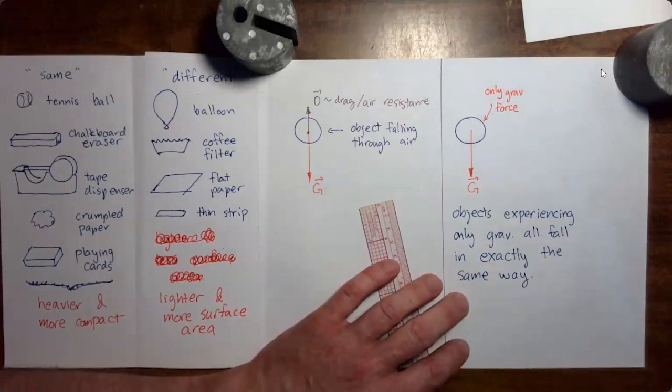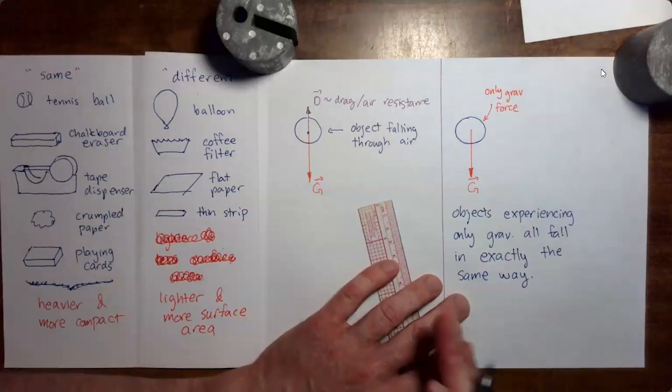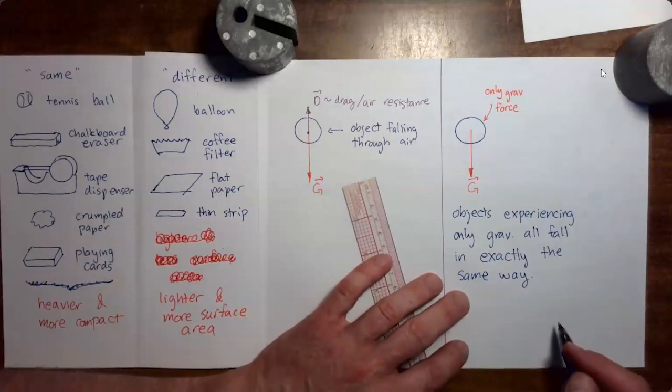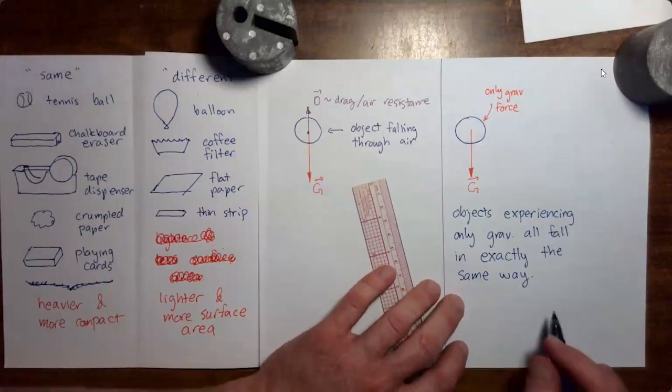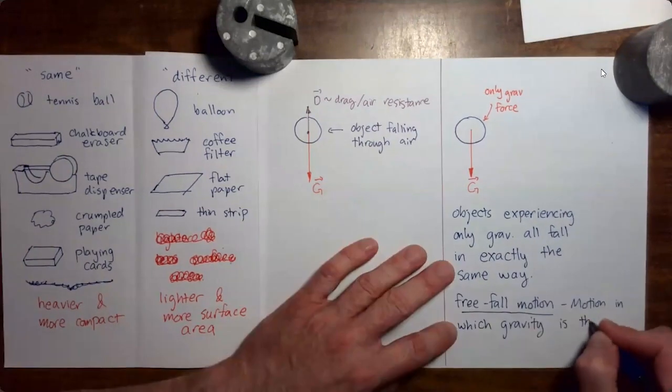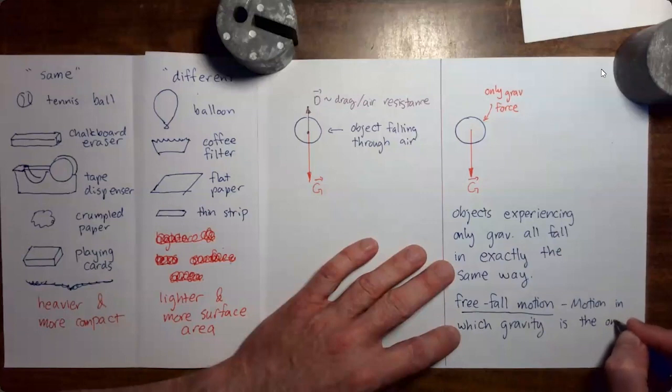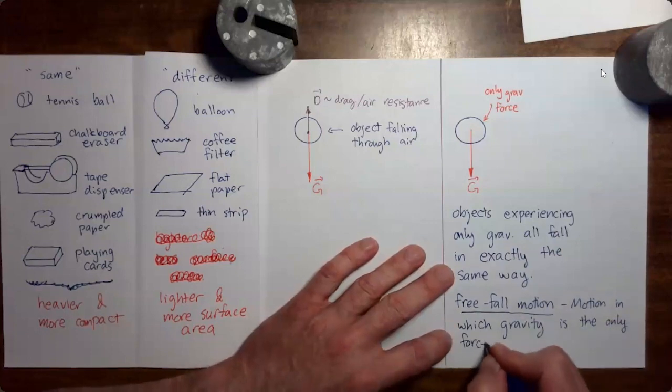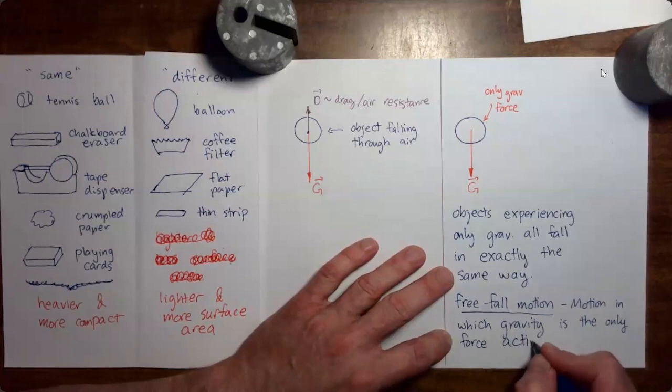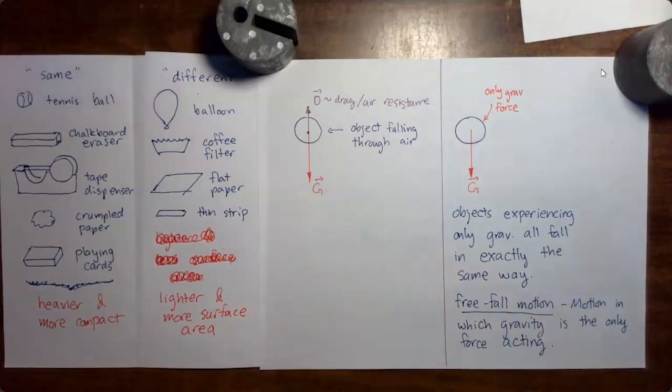This type of motion is called free fall motion. Free fall motion is motion in which gravity is the only force acting.